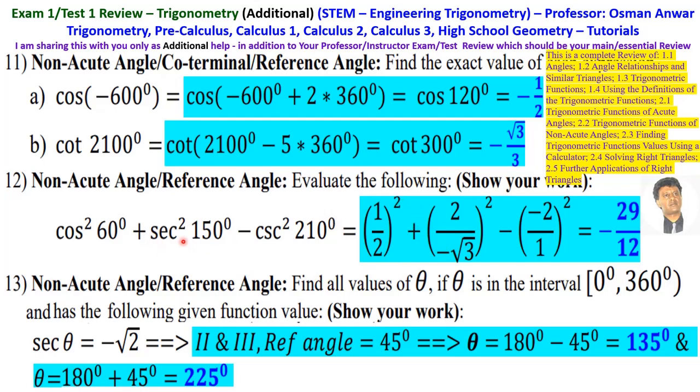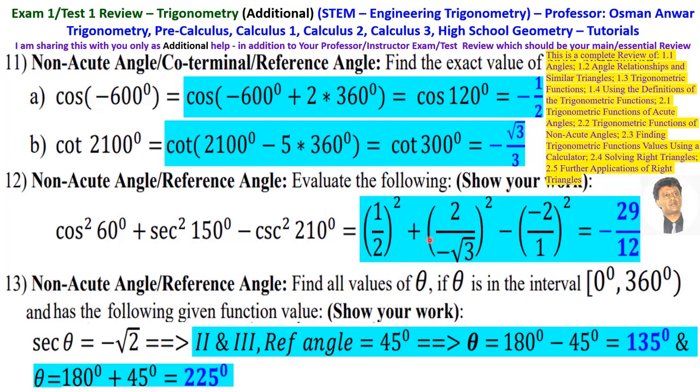Then sec squared 150, the 150 is in the second quadrant, and the reference angle is 30 degree, 180 minus 150, which is 30. Then sec of 30 degree is 2 over square root of 3. It is minus because it is in the second quadrant.